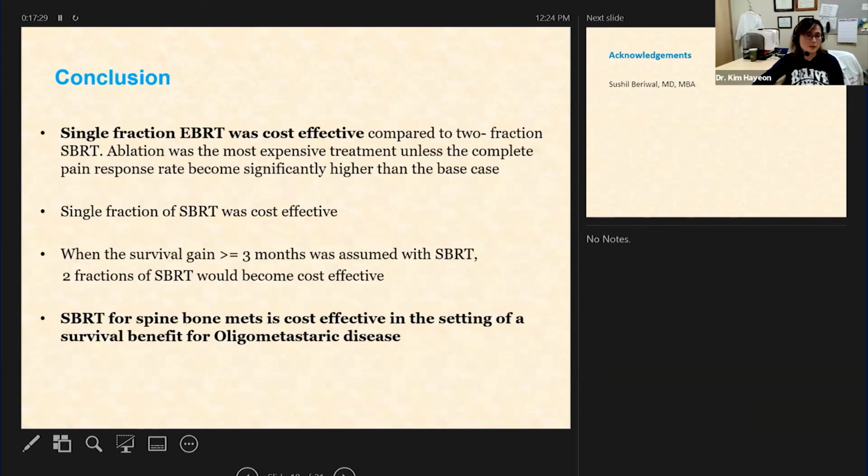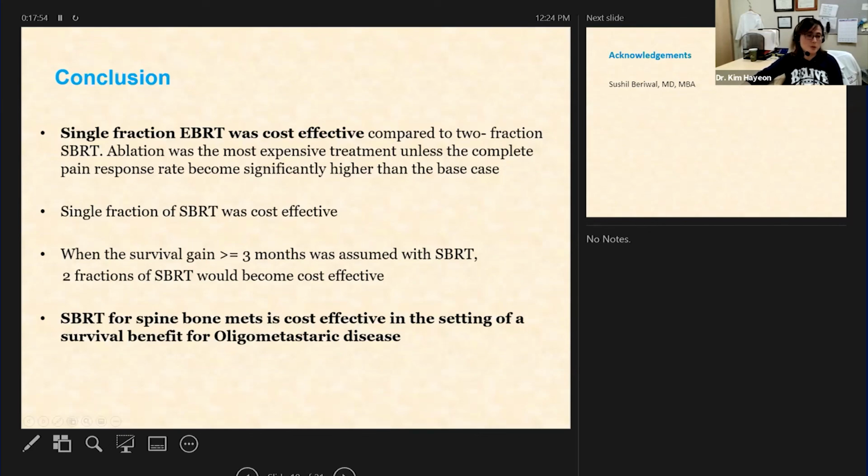Briefly, I can tell you that single fraction SBRT was more cost effective than 2 fraction SBRT and ablation. However, when we assume a survival gain of at least 3 months for SBRT, 2 fractions of SBRT would become cost effective.